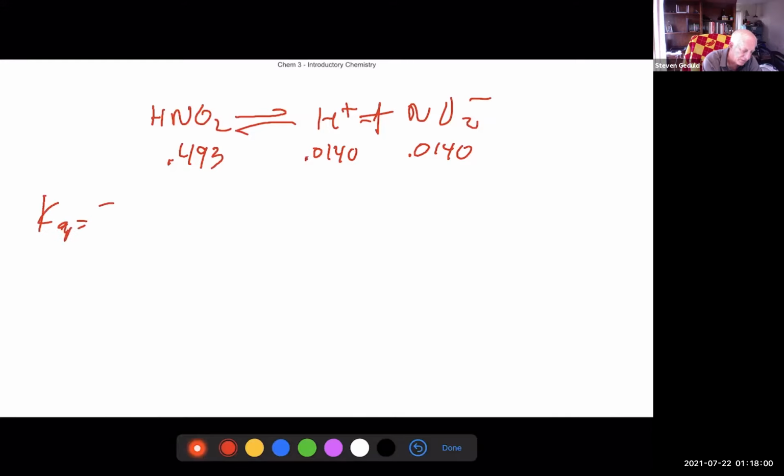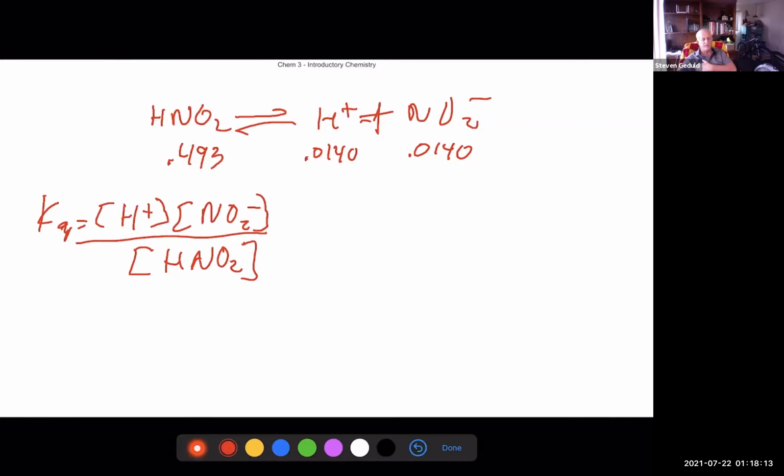It's the concentration of your products, multiplied together, divided by the reactants, each raised to the number used to balance it, and each one of those is a 1, so you don't have any exponents.